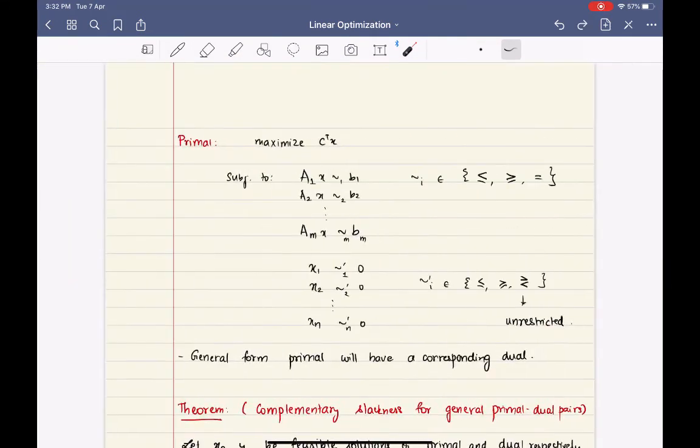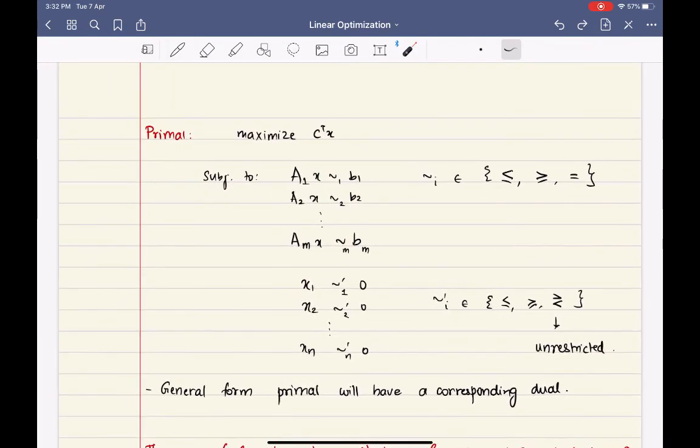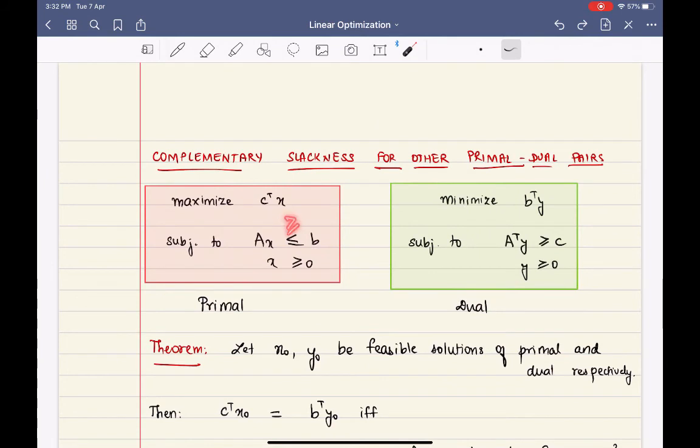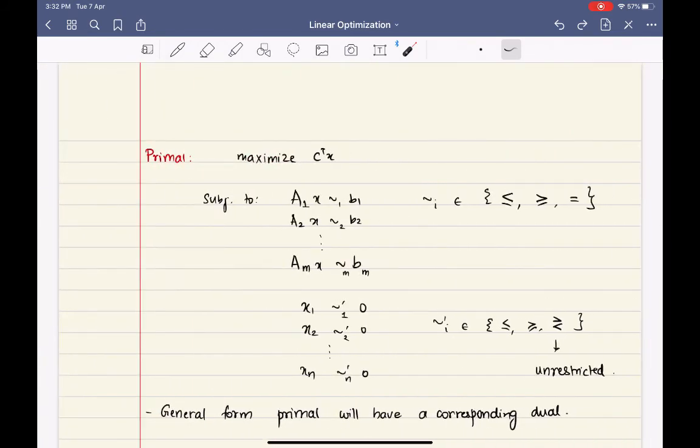Now what about a general primal? In general, the primal can have either bigger than or equal to, less than or equal to, or unrestricted. So let's consider a generic primal.